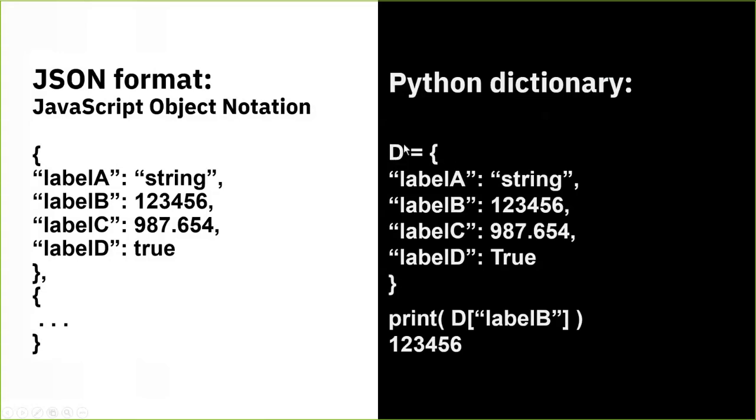You can type in D, or whatever the variable is called, equals, and type in a JSON structure, and it says, yes, okay, I know what to do with that, I understand that, and I can deal with that very quickly. And if you wanted to print out, for example, the 1, 2, 3, 4, 5, 6, then you use the print function, and you say D, and then you give it the label you want, and it will pick out the 1, 2, 3, 4, 5, 6 for you and put it on the screen. So it's very natural in Python to actually pick out what you want.